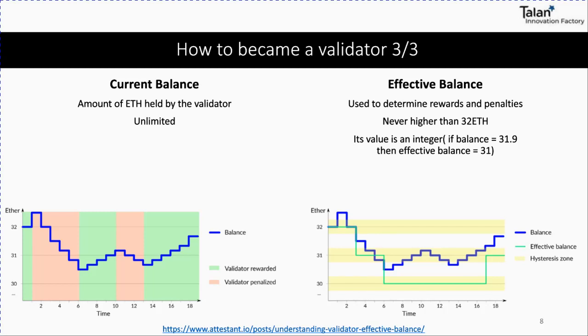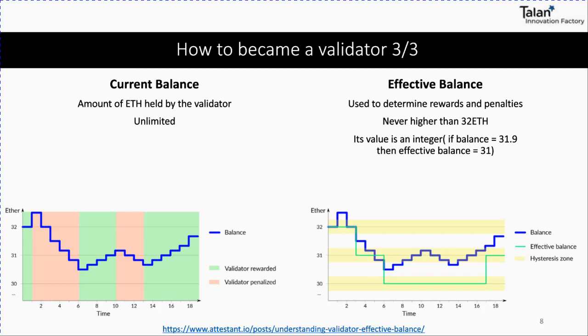If you notice here, the rate of losing money is getting slower and slower. Why? Because the exact formula for calculating the penalties is affected by the effective balance. Then when you start acting honestly and making gains, you start gaining Ether again, but the rate is also affected by the effective balance.